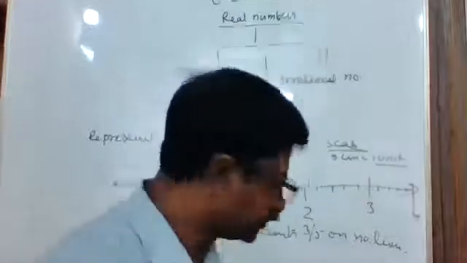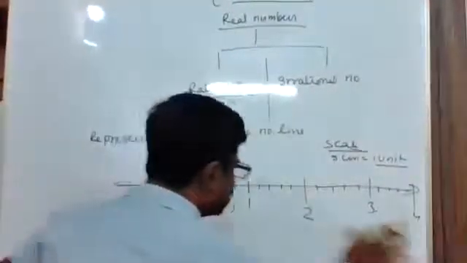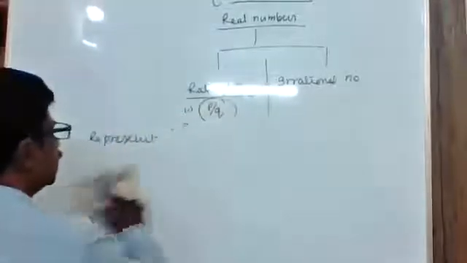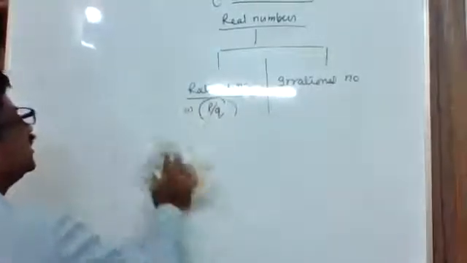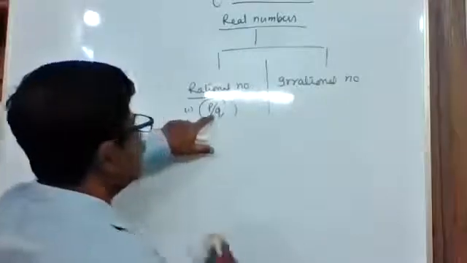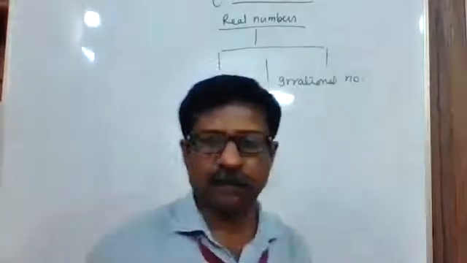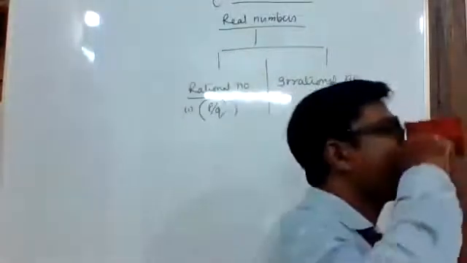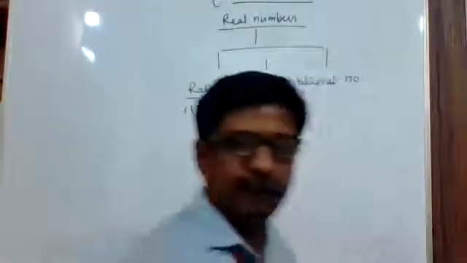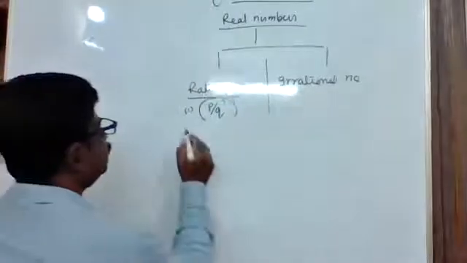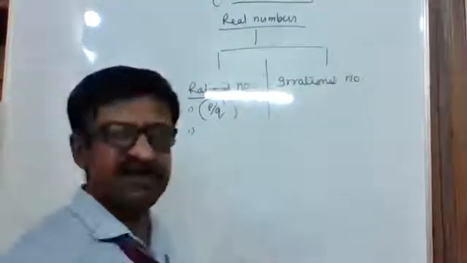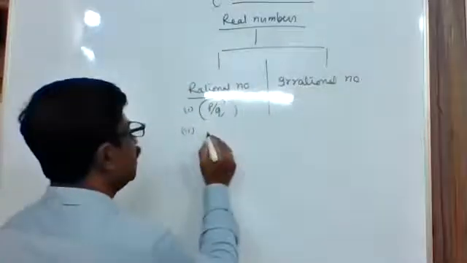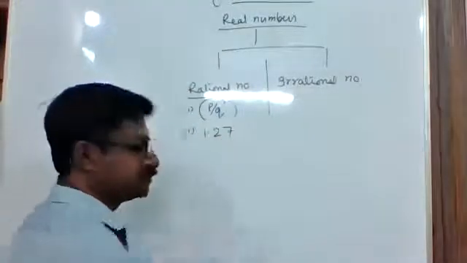Now we have learned how to represent a number which is in the form of P upon Q on the number line. This is representation of a rational number which was in the form of P upon Q. Now second, we'll see how to represent a point which is in decimal form, 1.27.